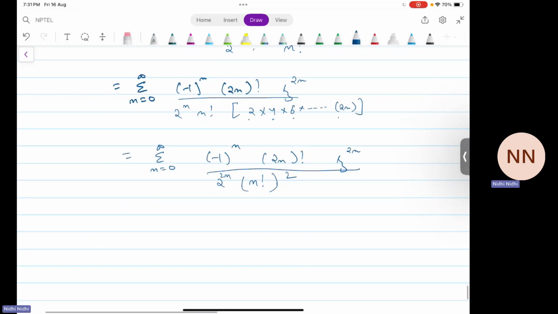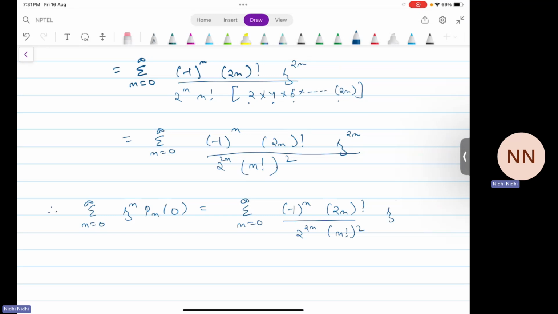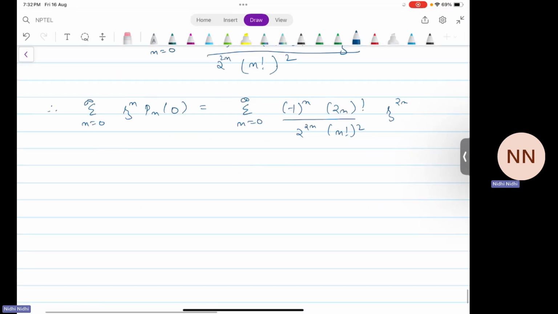So therefore, what do we have? Summation n from 0 to infinity z to the power n Pn0 is equal to summation n from 0 to infinity minus 1 to the power n 2n factorial by 2 to the power 2n n factorial square times z to the power 2n. Now I'll again compare the coefficients of z to the power 2n, z to the power 2k.